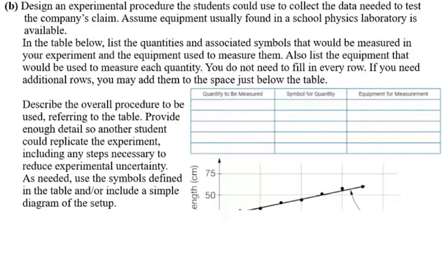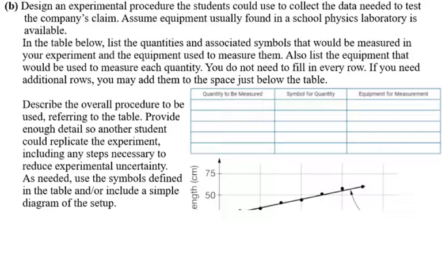In the table below, list the quantities and associated symbols that would be measured in your experiment and the equipment used to measure them. Also, list the equipment that would be used to measure each quantity. You do not need to fill in every row. If you need additional rows, you may add them to the space just below the table.